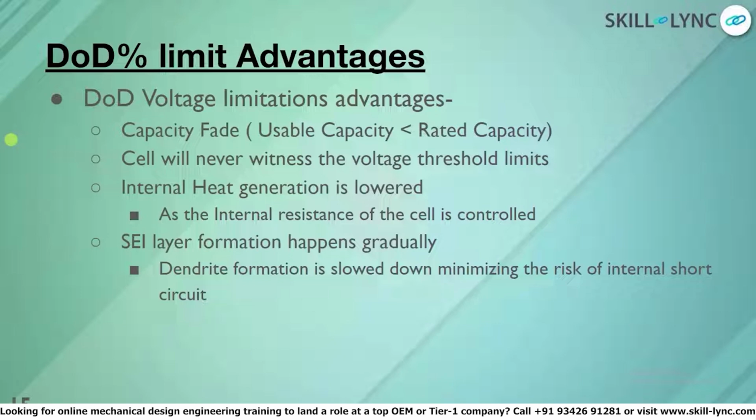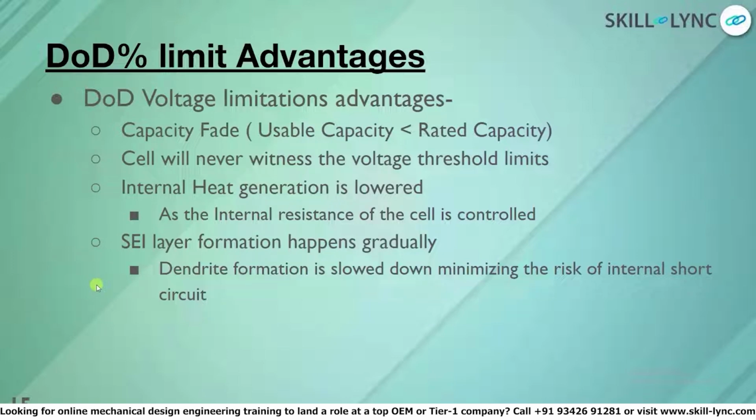By doing that, we avoid high temperature generation and high internal resistance, and the life of the cell is increased, which means the internal heat generation is also reduced. And at the end of the voltage band, where we have double or triple the internal resistance rise that we saw in the previous week, that is mainly eliminated.